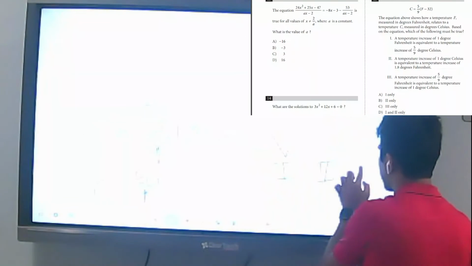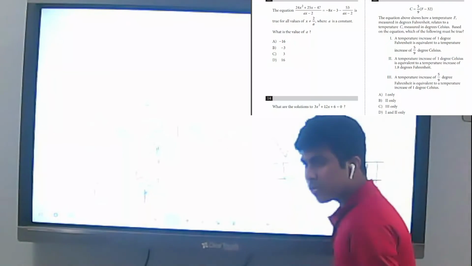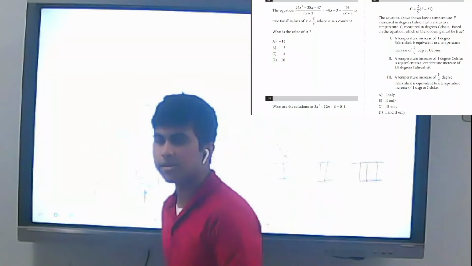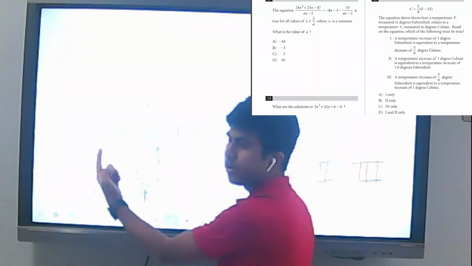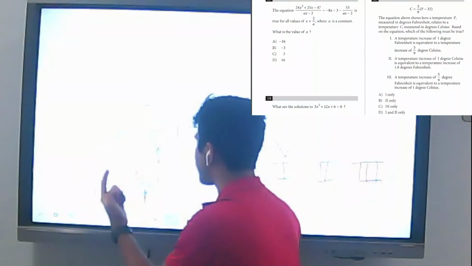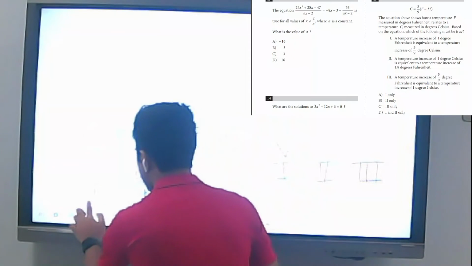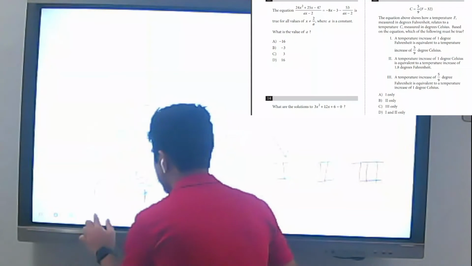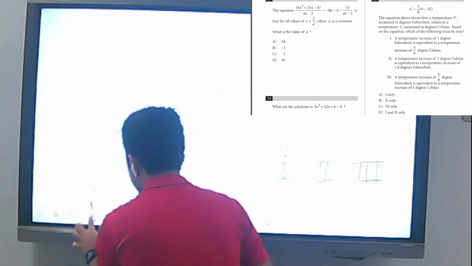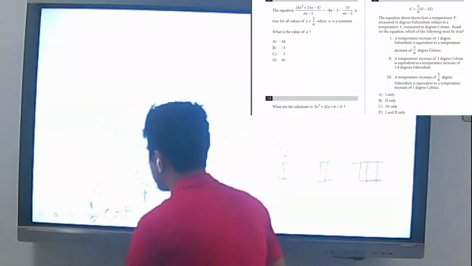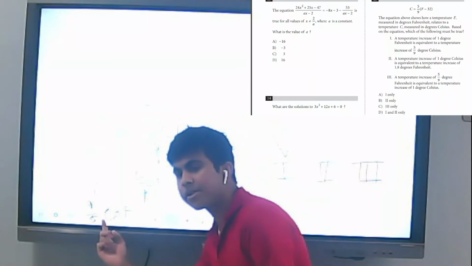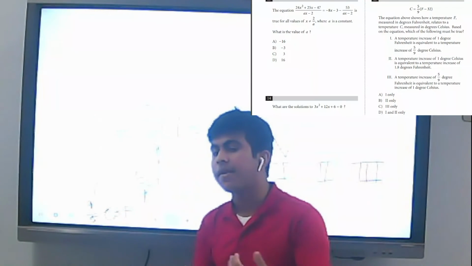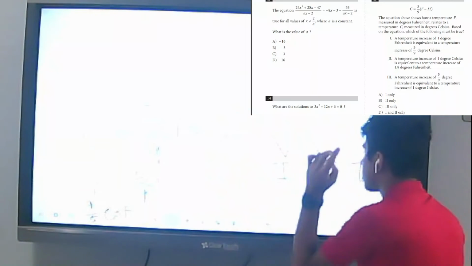And then we have these other two. Choice 2, temperature increase of 1 degree Celsius. If I increase this by 1, then how much do I have to increase the other by? Well, I can multiply by 9/5 on both sides, and I get 9/5 C equals F. If I increase C by 1, I increase F by 9/5. 9/5 is 1.8, so 2 also works.